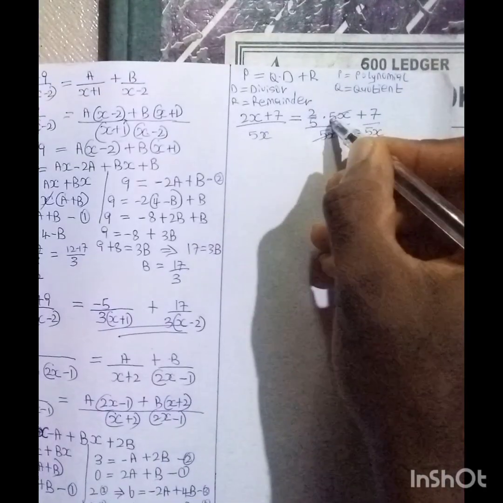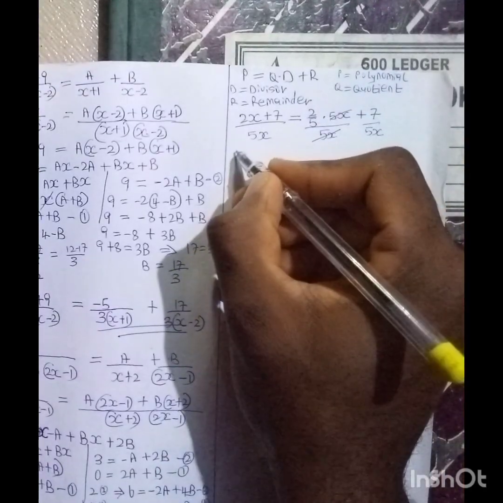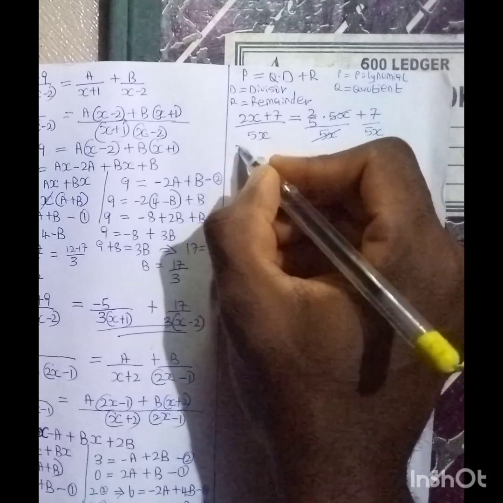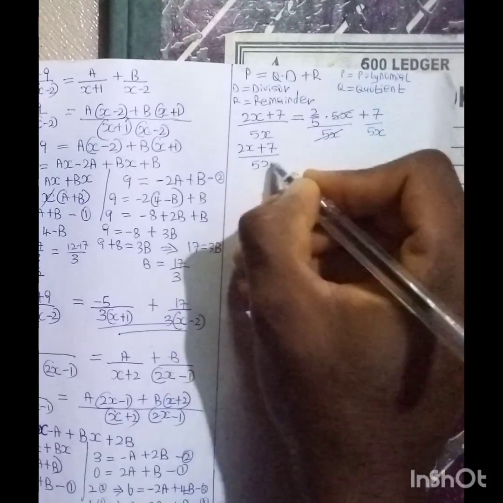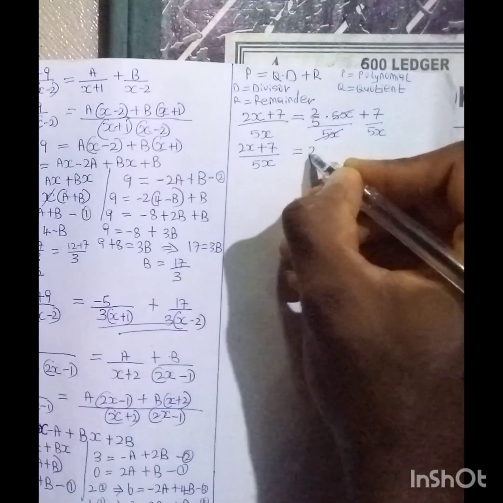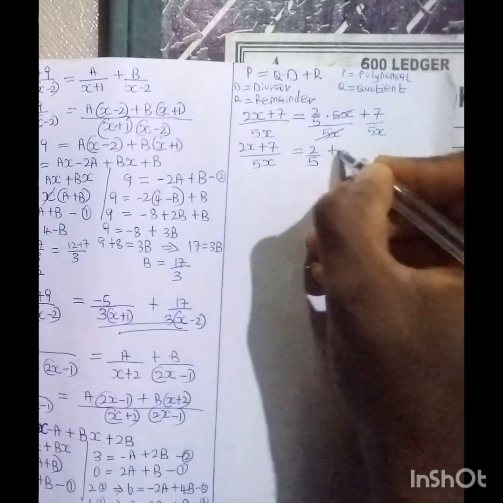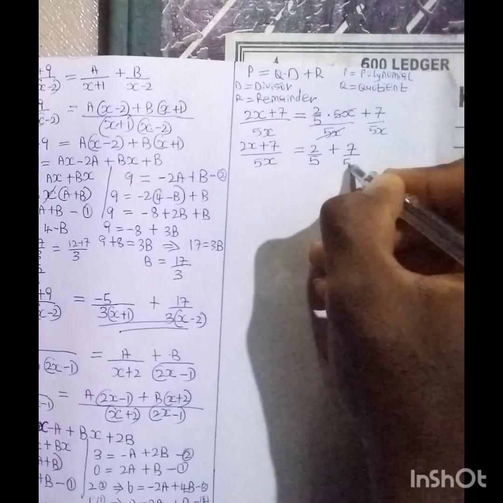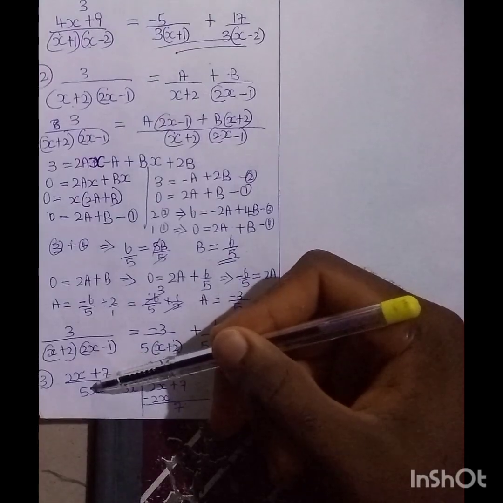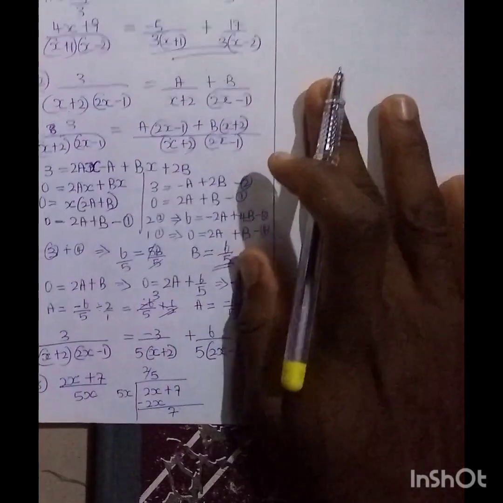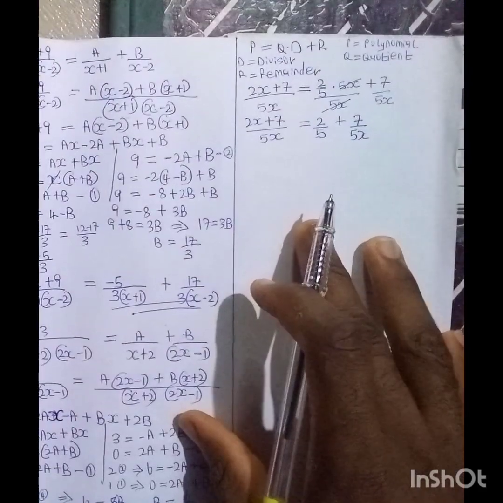So this cancels out. So we are left with 2x plus 7 over 5x, which is equal to 2 over 5 plus 7 over 5x. So you see, we have arrived back to our question originally. So we get back to this place.